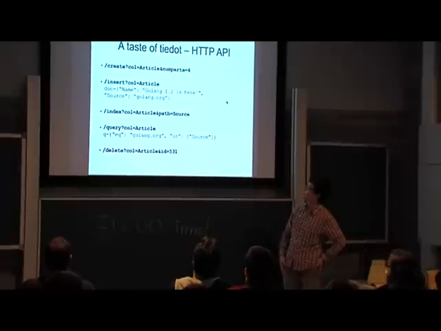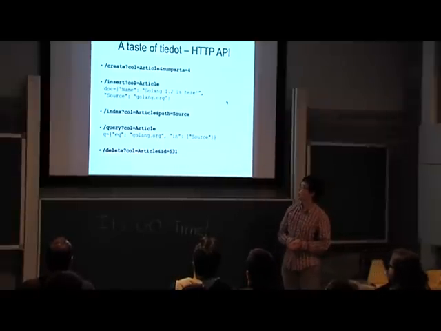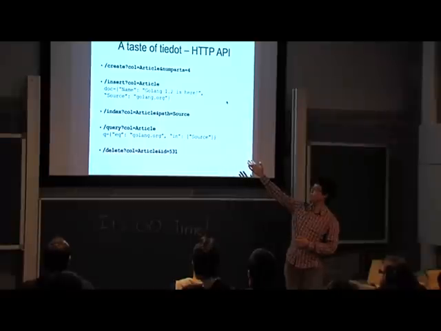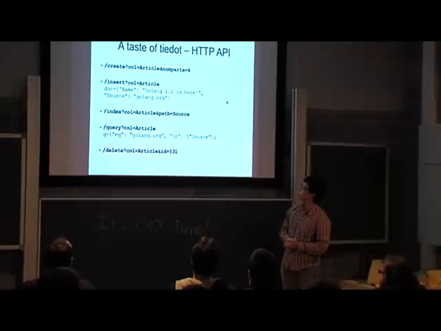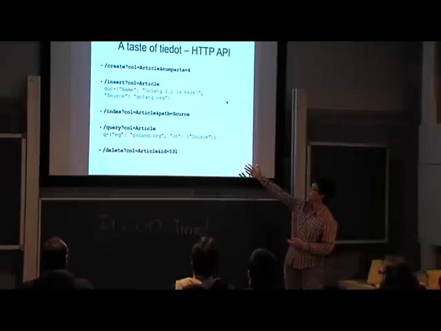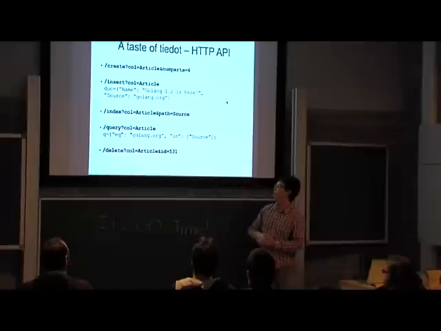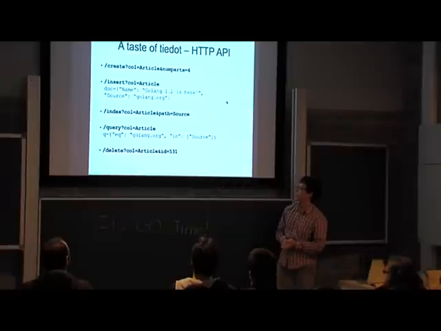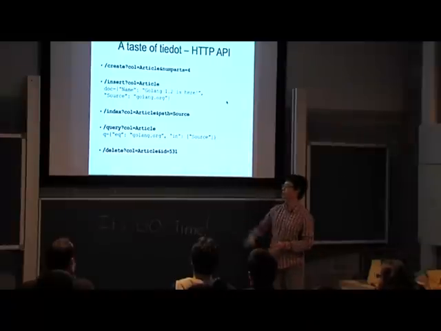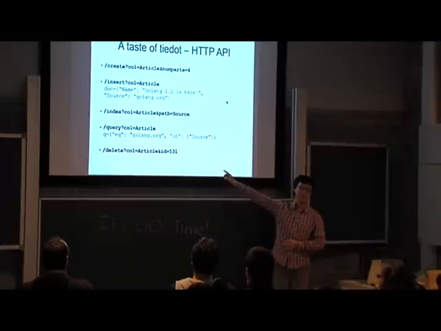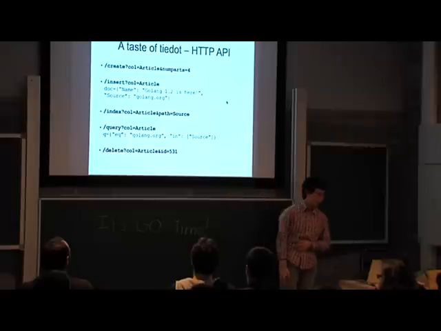Name is golang and source is golang.org. We place an index on the source field in the article collection, and we can query for articles which have source equal to golang.org. And if we want to delete a document, it is also straightforward. Delete, in the article collection, the document which has ID number 531.